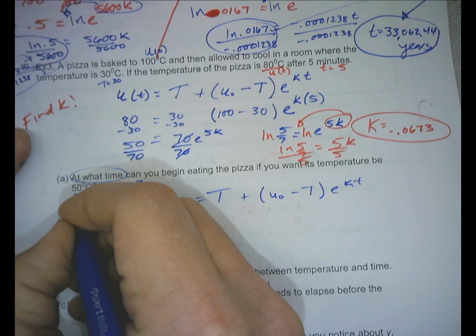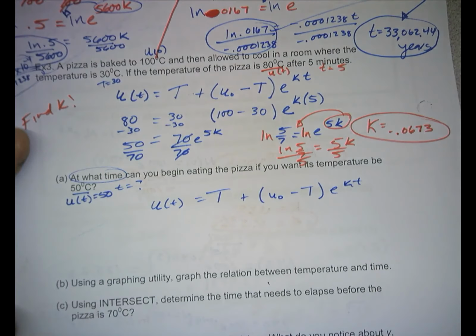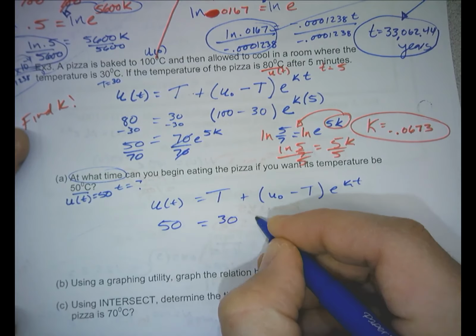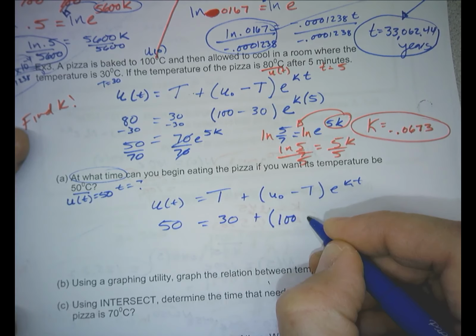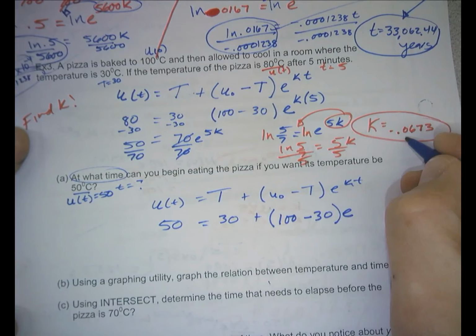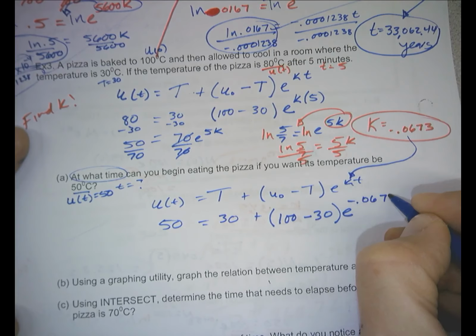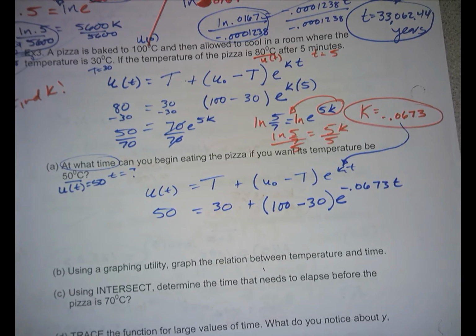U of t, this is U of t right here, is 50. Big T is 30. The initial amount of the pizza right out of the oven was 100 degrees Celsius. Minus big T, e to the k. That's where I plug this guy in, and then t. And now it's pretty much set up the same way.